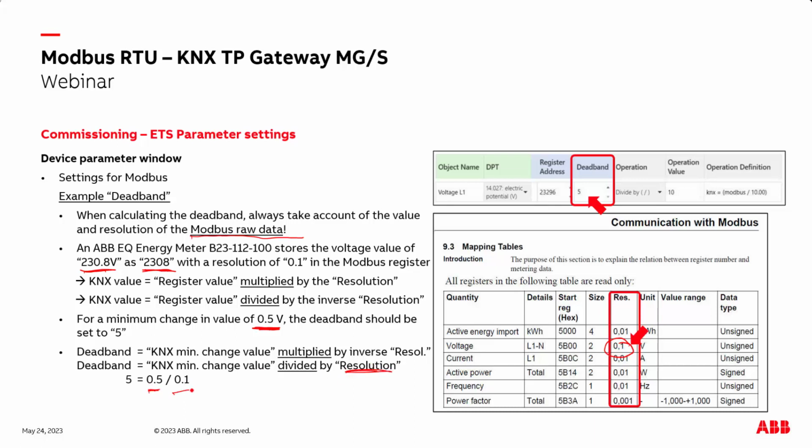Remember, the resolution is 0.1. So 0.5 divided by 0.1 equals 5. And then we have to enter this value 5 in the deadband of the Modbus parameter. I know it's a little bit tricky, but this is our Modbus specification.